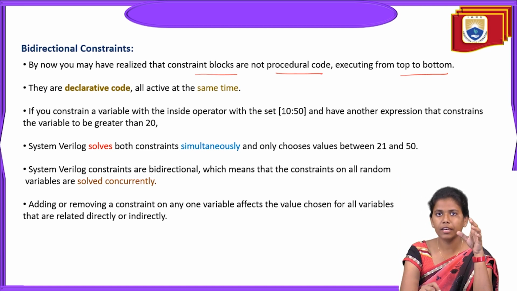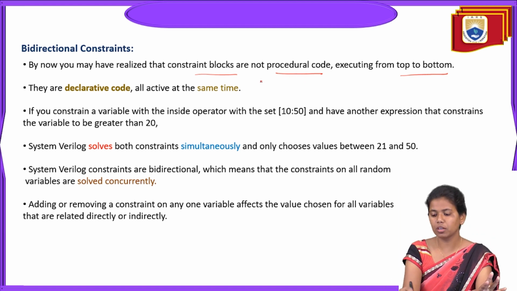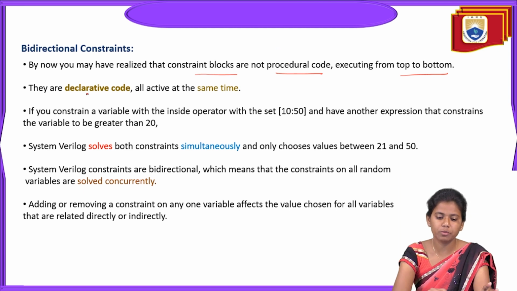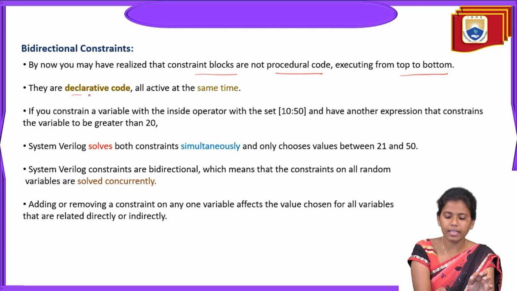As I said, the constraints are not procedural code, where the code executes from top to bottom. Constraint blocks have no need to execute from top to bottom. They are declarative code, all active at the same time.